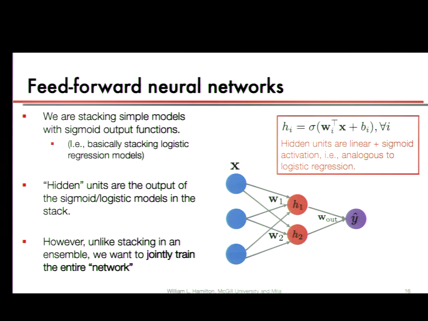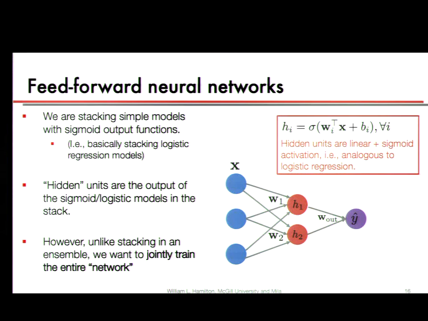This is basically just like the stack of perceptrons we talked about, but we're stacking sigmoid or logistic units. So we have our input x. To get h1, we're doing w1 times x plus b1, and then feeding it through sigmoid, and then we're doing an analogous thing down here, and then we can do another function.